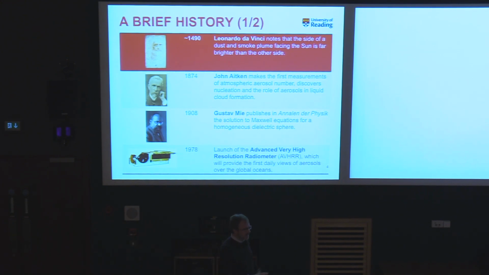And he noted there was a big plume of aerosols that he could see, and he noted that the plume was much brighter on the side where the light comes from than on the other side. The way we understand it now is that particles scatter radiation, and some of it goes back to where it comes from. And if it's thick enough, then it's essentially scattering radiation back to space.